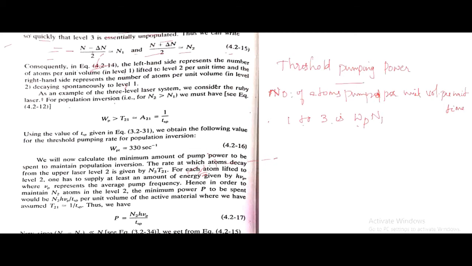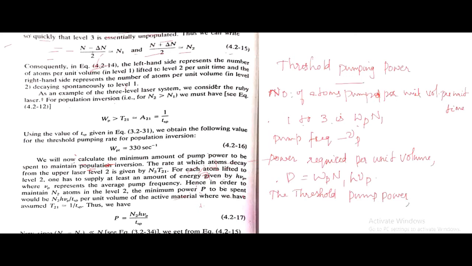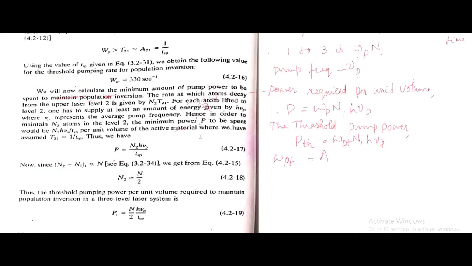Let the pump frequency be nu P. Then the power required per unit volume will be P equals WP N1 h nu P. Therefore, the threshold pump power can be written as P threshold equals WPT N1 h nu P. And WPT equals A21. Therefore, PTH equals A21 N1 h nu P.